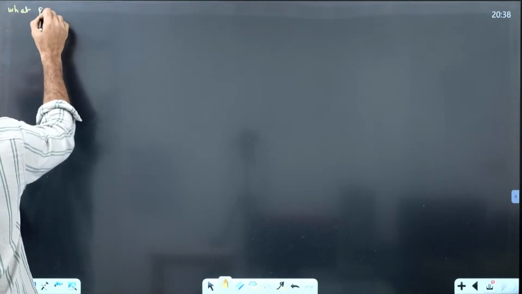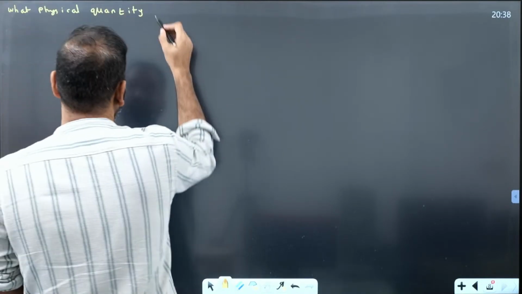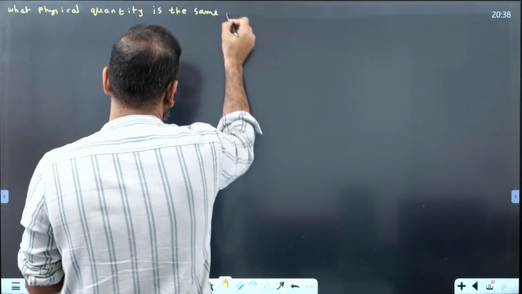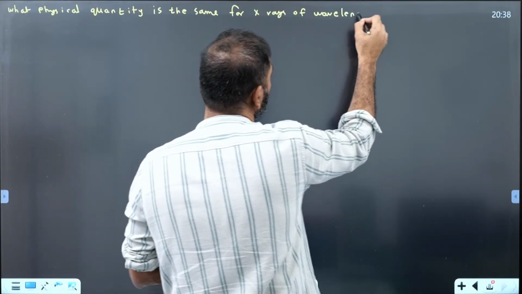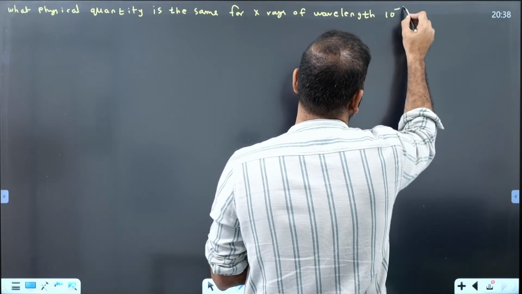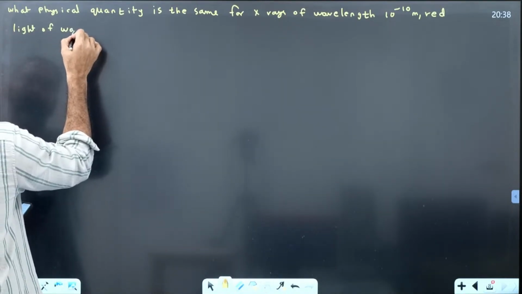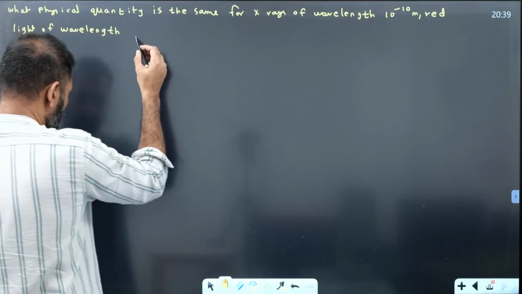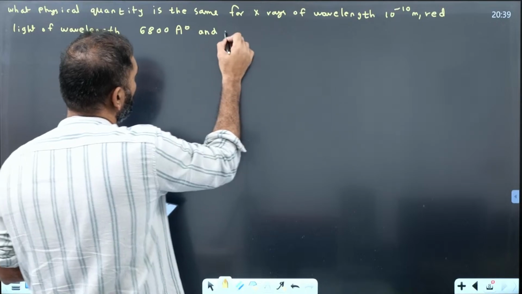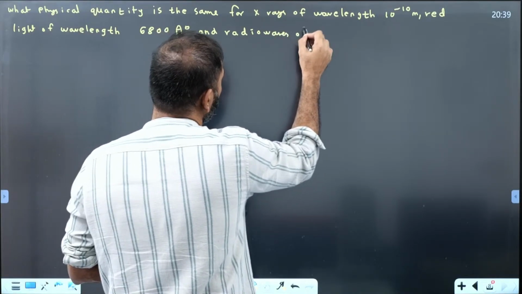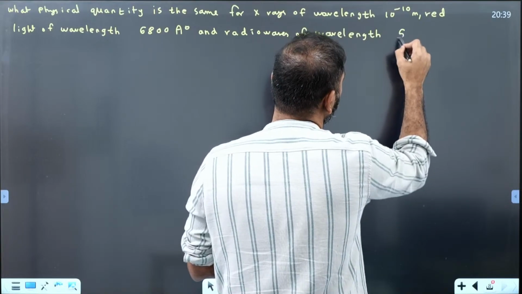Next question. What physical quantity is the same, it's a textbook question, for X-rays of wavelength 10 raised to minus 10 meter, red light of wavelength 6800 angstrom and radio waves of wavelength 500 meter?